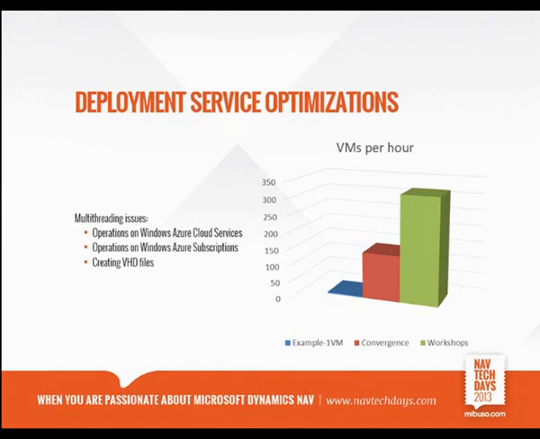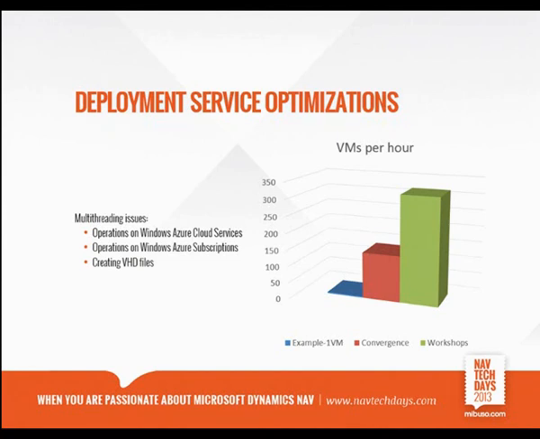In the case of Convergence, for instance, we had to deliver 1,000 VMs, but the Azure subscription cloud service limit can be extended to 100, right? Yes. The default one is 20. So we decided that we'll keep everything in one subscription and have the optimization for this.